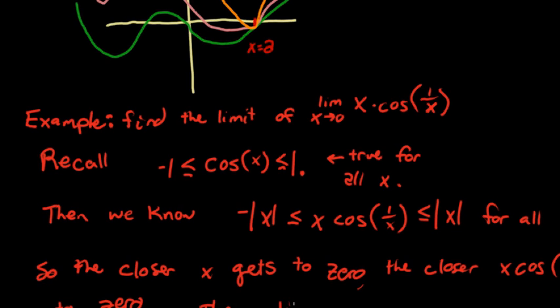Then the limit as x approaches 0 of x times the cosine of 1 over x equals 0, because as it's getting close to 0 from both sides, it is being squeezed into 0 there. So that's why it's known as the squeeze theorem.